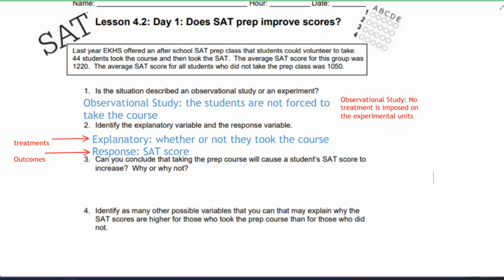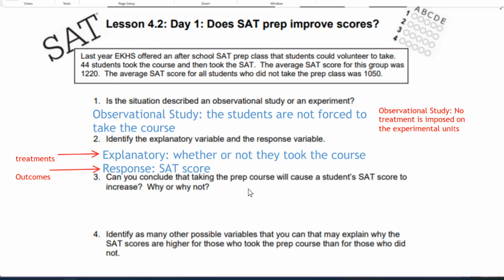Once we have our explanatory variable and our response variable in place, it's pretty easy to go from there. Our explanatory variable is going to inform our choice of treatments. So a treatment here is going to be the entire combination of factors that will be assigned to the treatment groups.